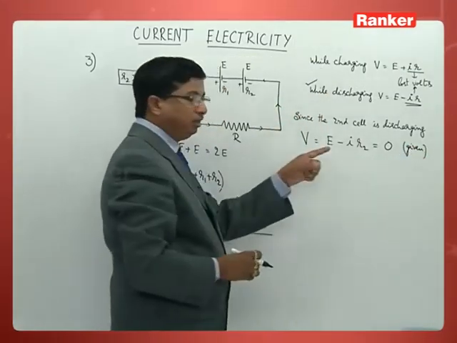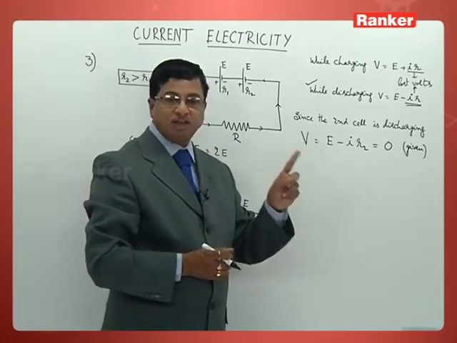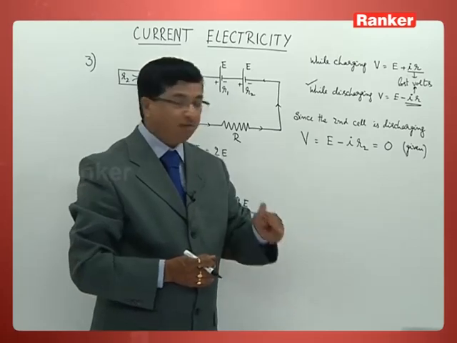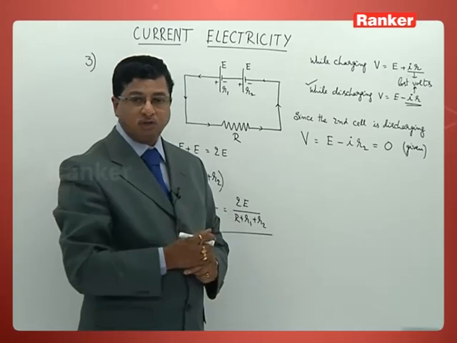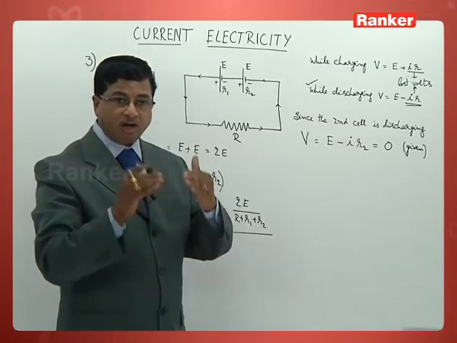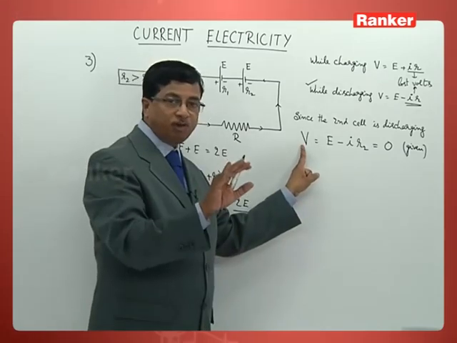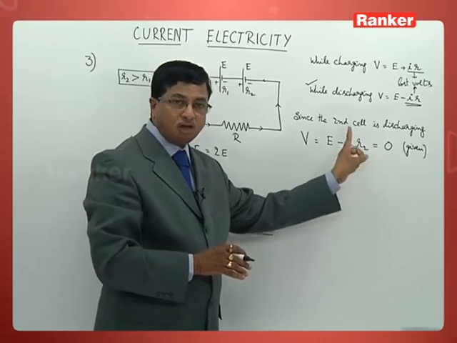I once again read that sentence from the problem. If the potential difference across the source having internal resistance R2 is 0, which potential difference is it to be called? It is to be called the terminal potential difference. What is it by formula? E minus IR2.